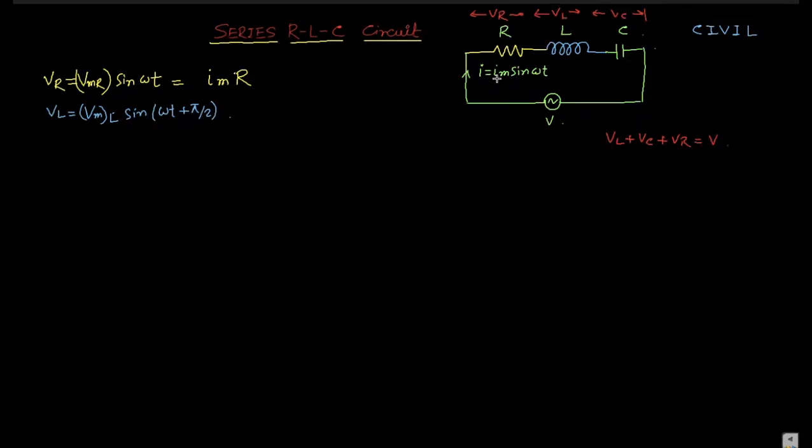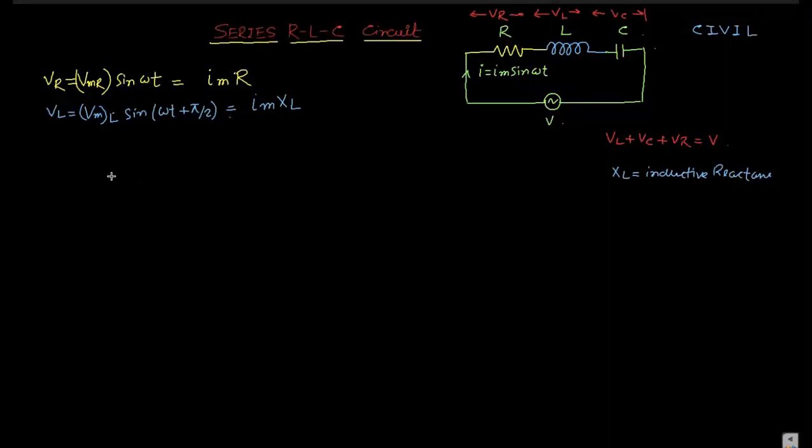So if I is Im sin omega t, then V becomes Im sin omega t plus pi by 2, or you can take it as Im into XL. XL is what? It is the inductive reactance of this inductor.